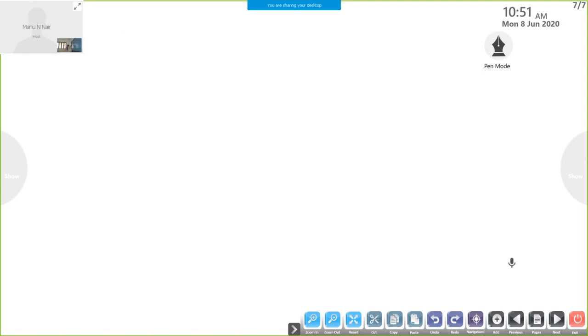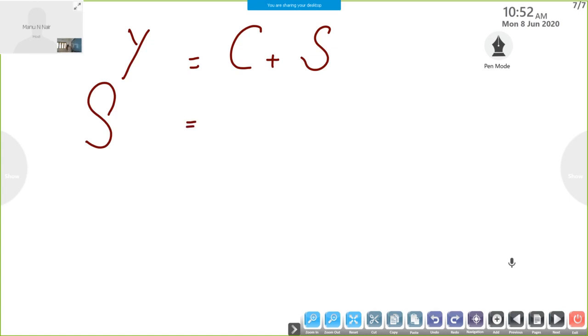So first you should write Y is equal to C plus S. Then we are going to derive saving, that's why just arrange the formula. S is equal to Y minus C.